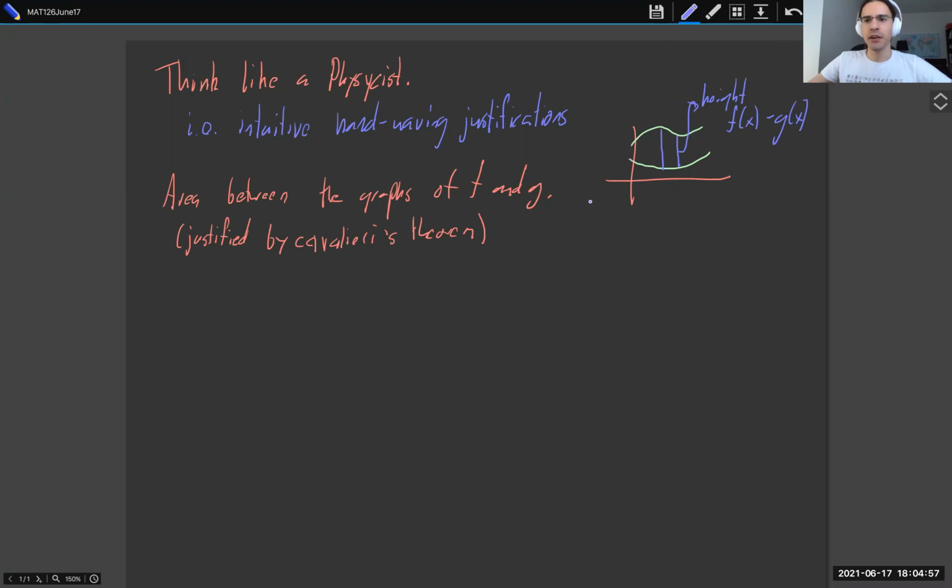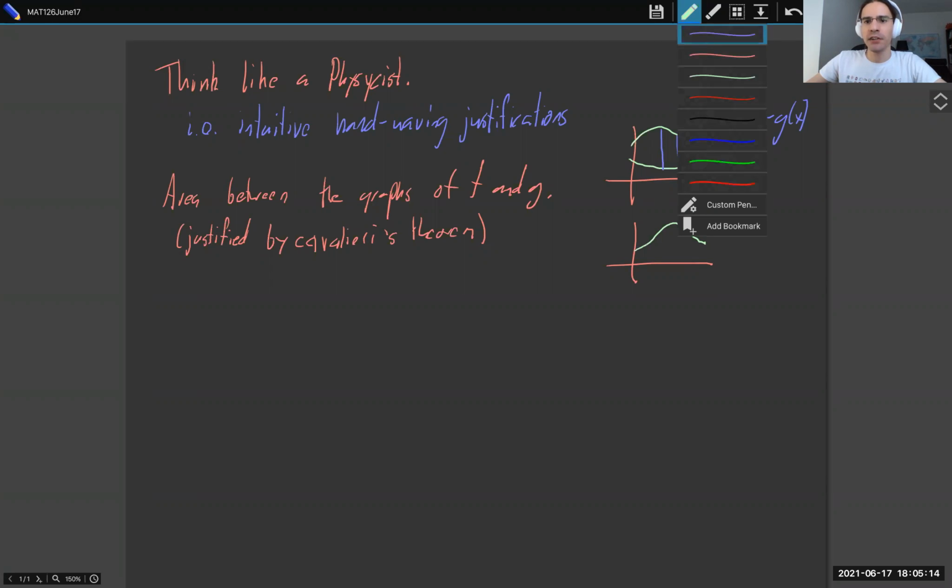And then the idea was that we were summing up the heights of these slices. But Cavalieri's theorem told us that we could translate all of these downwards if this were just the function f minus g. And then we know that an integral gives us the area under the curve. So we can justify it in that regard.